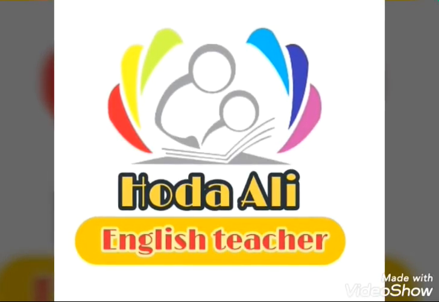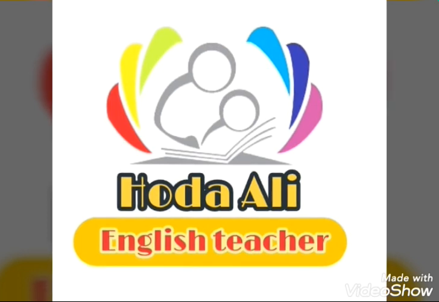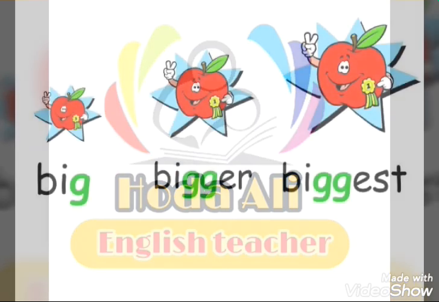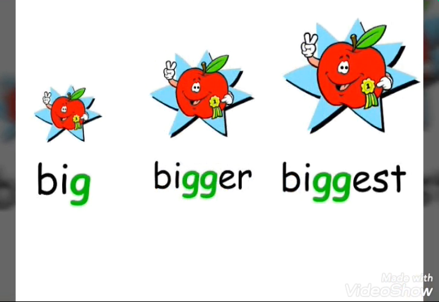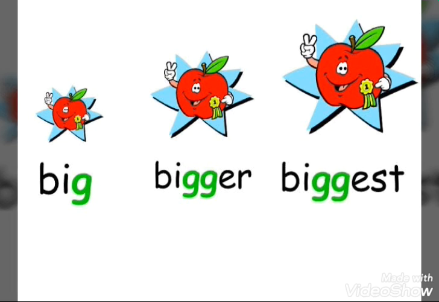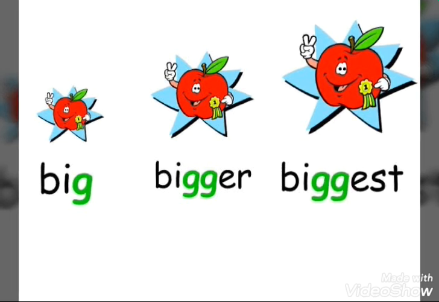Our lesson today is about comparatives and superlatives. Here we have three apples. 1, 2, 3. The first one, apple 1, is big. What about apple 2? Apple 2 is bigger than apple 1.